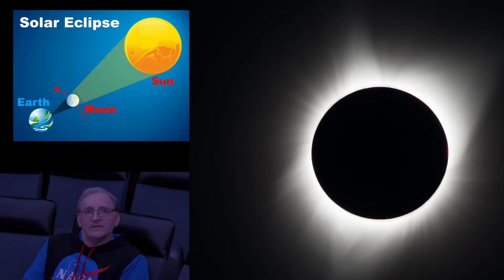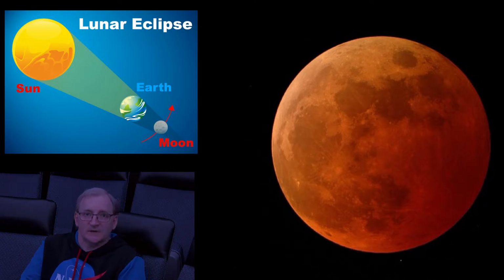Now, a total lunar eclipse occurs when the Earth goes in between the sun and the moon, blocking out most of the moon's light. Of course, the moon shines by reflected light from the sun.